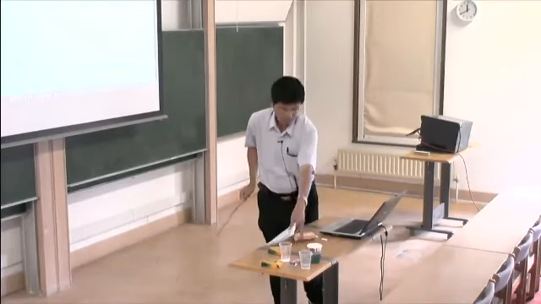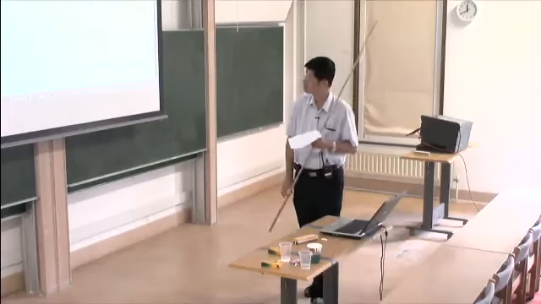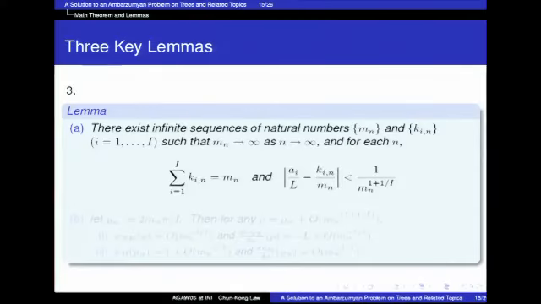So we can approximate this irrational number by some rational numbers, and then this is the error.